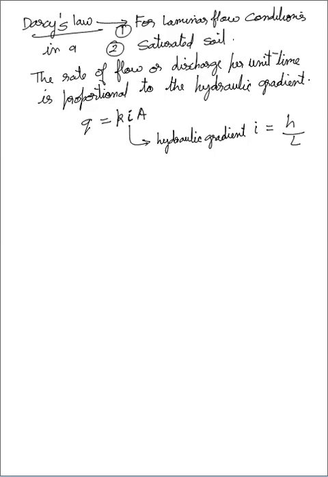So basically hydraulic gradient is head loss with respect to the distance. So can I write Q is equal to K, head loss will be from H1 to H2, so H1 minus H2 divided by L, into cross section area.